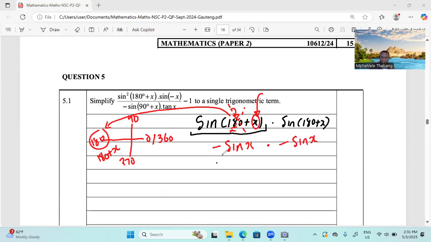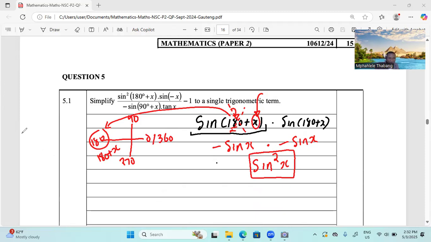And negative sine x times negative sine x is sine squared x. So when we reduce sine squared(180 plus x) using reduction formula, we are left with sine squared x.